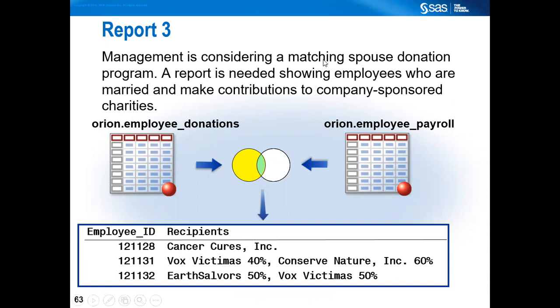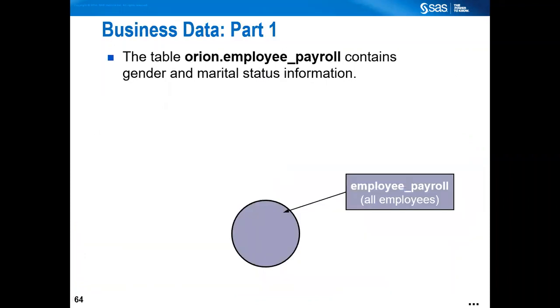But we want only those which are married. So donation is a part of employee payroll. Always remember. But we want only those people who are contributing for donations, but they're married and they're also part of payroll. Of course, it's a right join. So how it works here? Oh, sorry, left join. So this is what it's telling.